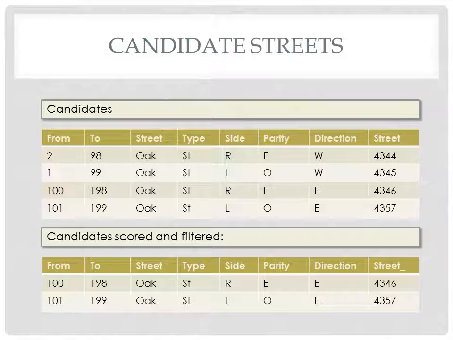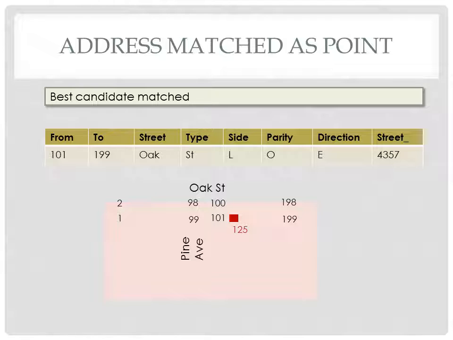So candidates, for example, would be these positions from the from and to in terms of street addresses, the side of the street, the parity, direction, and street, and candidates are then scored and filtered. The addresses are matched as points, so that this shows us the addresses would range from 101 to 199.